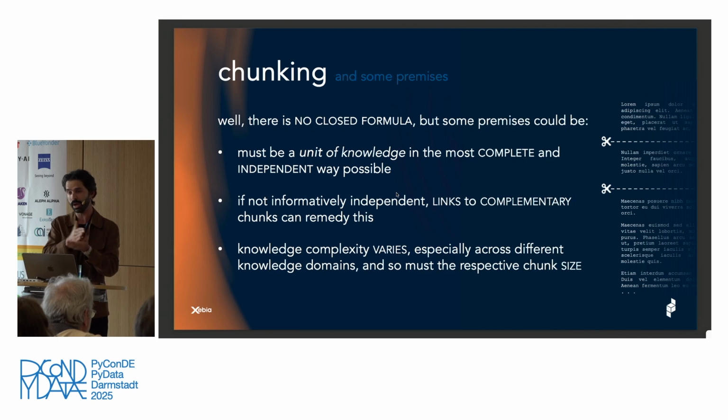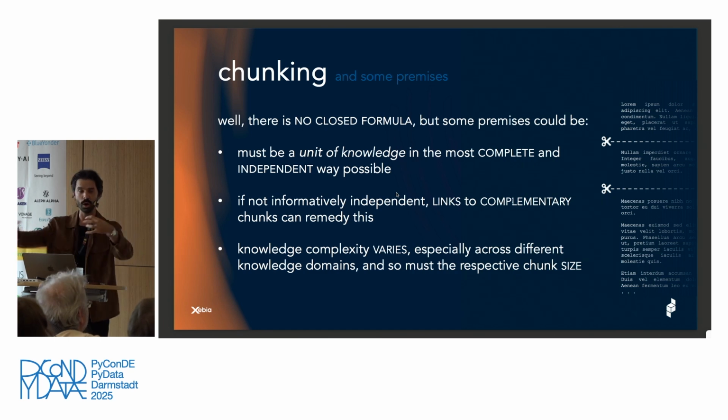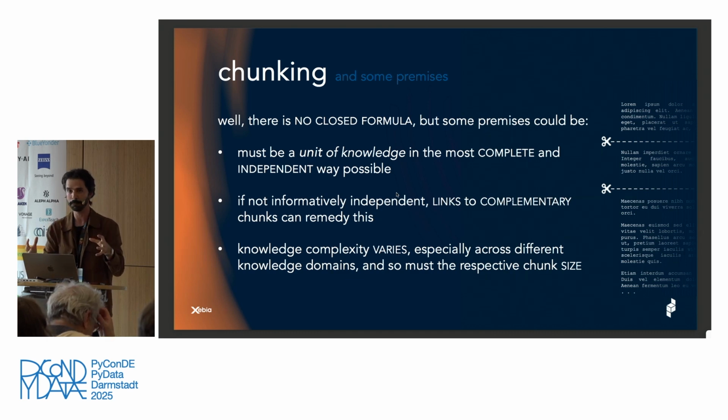Then we need to break this knowledge into more pieces. If that's really necessary in order to have the whole knowledge well organized, we should link every chunk to the complementary ones, so we can gather all the pieces and paint the bigger picture again, so we can have some closed scope again, right?